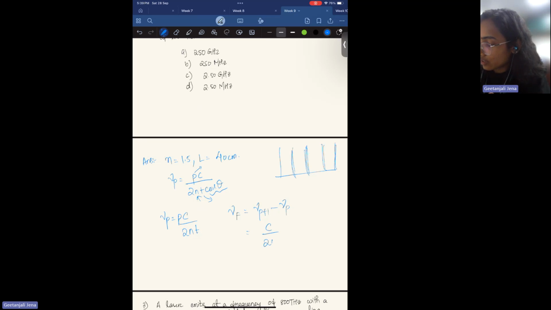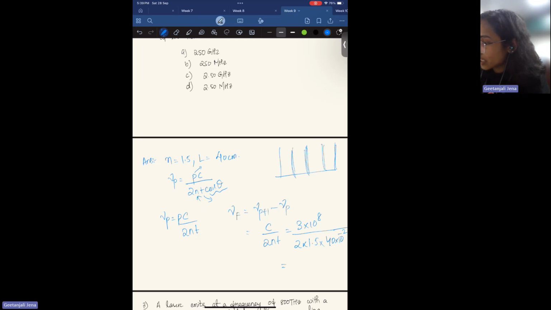c by 2nt. And c, you already know, is 3 into 10 to the 8 meter per second, 2 into 1.5 into t, which is nothing but L, 40 centimeter, 10 to the minus 2.